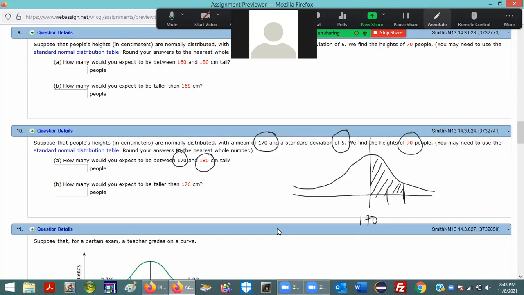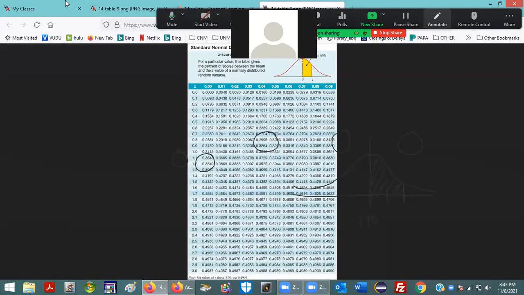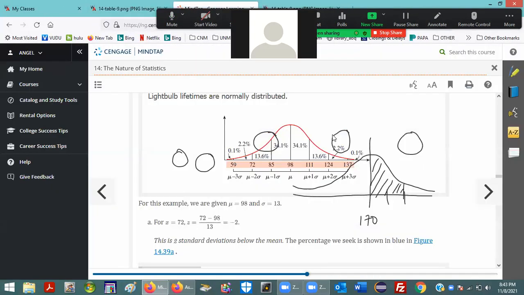We can see from that empirical rule table in this book that from the center to 2 standard deviations out, we have 34.1 plus 13.6%.